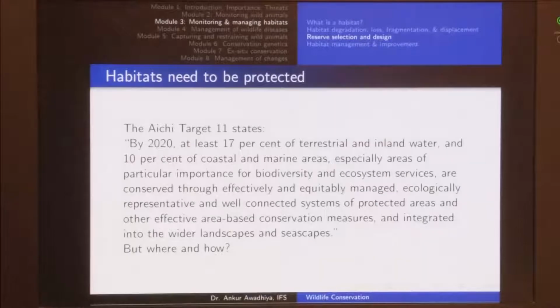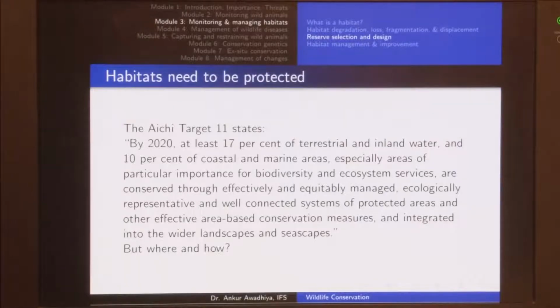Then we had the Aichi biodiversity targets, and these increased that level of 10% by stating that by 2020 at least 17% of terrestrial and inland water and 10% of coastal and marine areas, especially areas of particular importance for biodiversity and ecosystem services, are conserved through effectively and equitably managed, ecologically representative and well connected systems of protected areas and other effective area based conservation measures and integrated into the wider landscapes and seascapes. So, this is one of our targets.